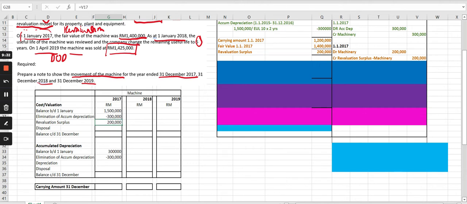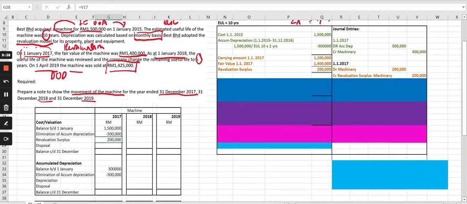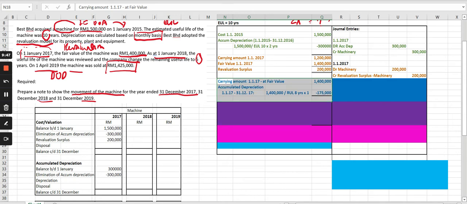Next would be for you to calculate the depreciation for that particular year, meaning 1st of January 2017 until 31st of December 2017. So bear in mind, starting from 1st of January 2017, your carrying amount is at fair value of 1.4, that is the revalued amount.